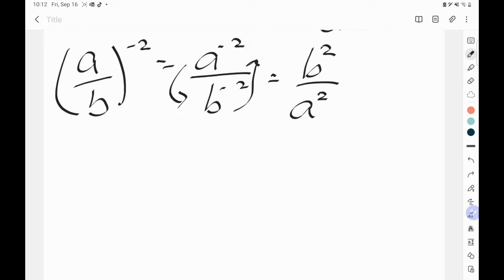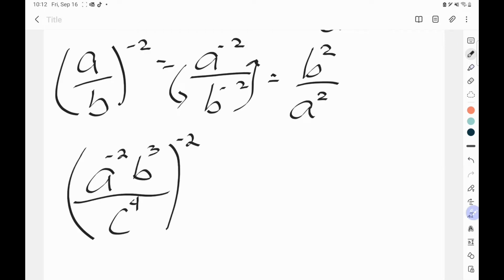All right, let's have another example here. We have this particular given here: (a to the power of negative 2 times b to the power of 3 over c to the power of positive 4), all of them to the power of negative 2. Now the first thing that we need to do is distribute the exponent to each individual term given here. So we have to multiply all of the exponents by negative 2.